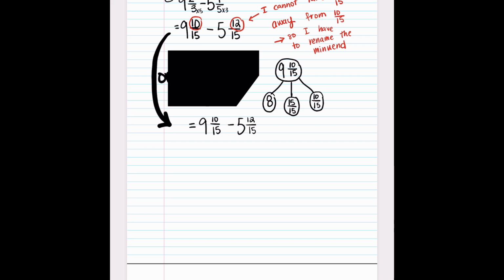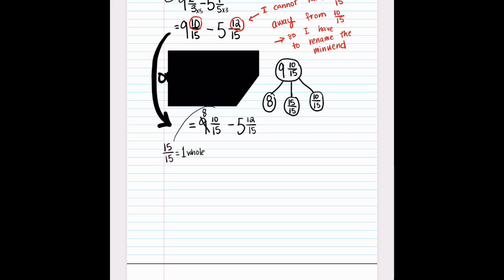Just for now. So I could look at this as borrowing from this next thing. So say I borrow one whole and make that an 8. Well, if I borrow that one whole and bring it over here, well, 15/15 equals one whole.